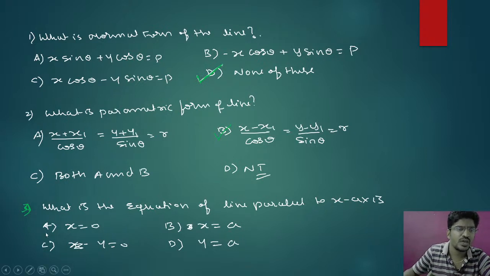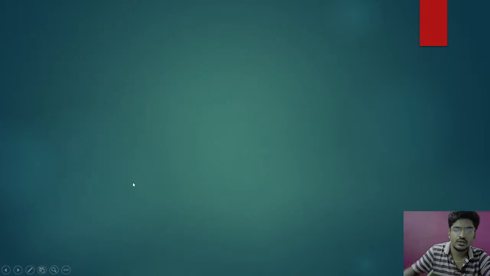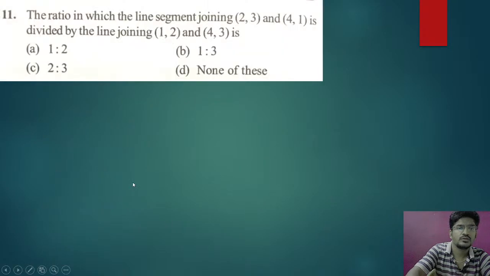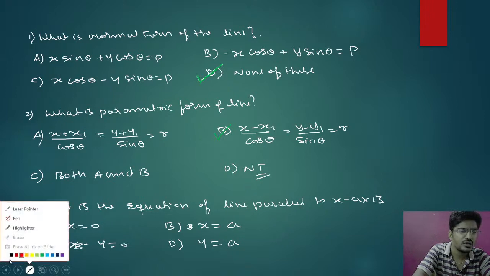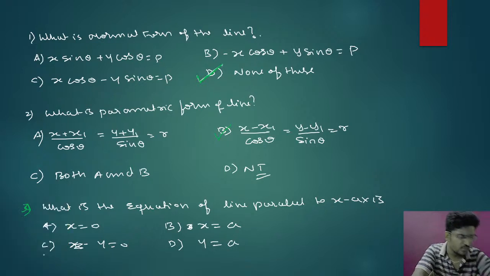Some of you are giving option C. Some of you are telling option D. So how are you going to get confused? Some of you say option C, some say option D, some say option A. See how many of you are giving the right answers and how many wrong answers.